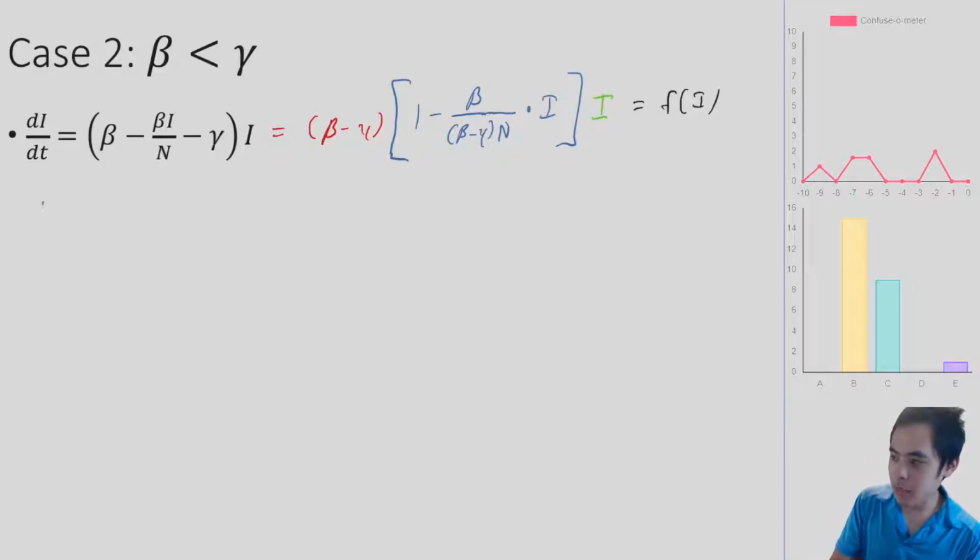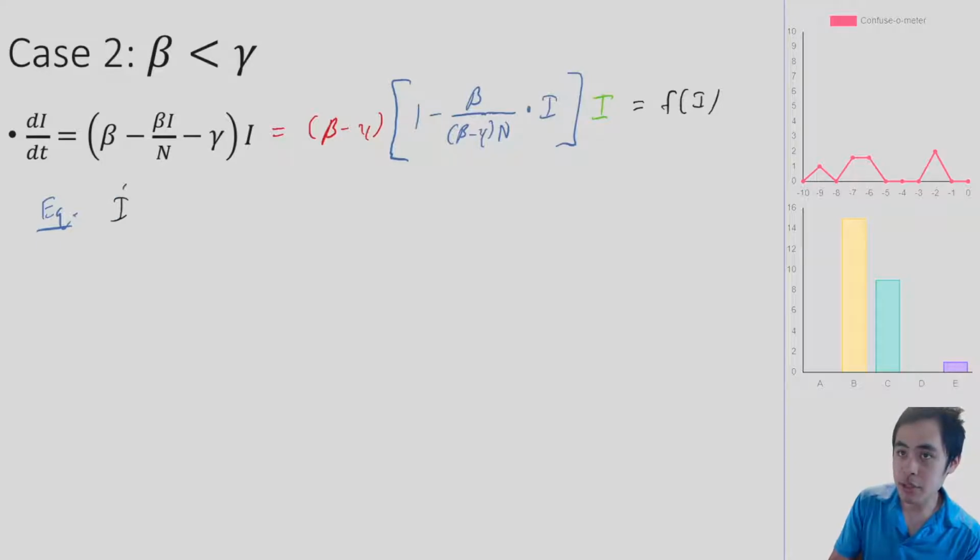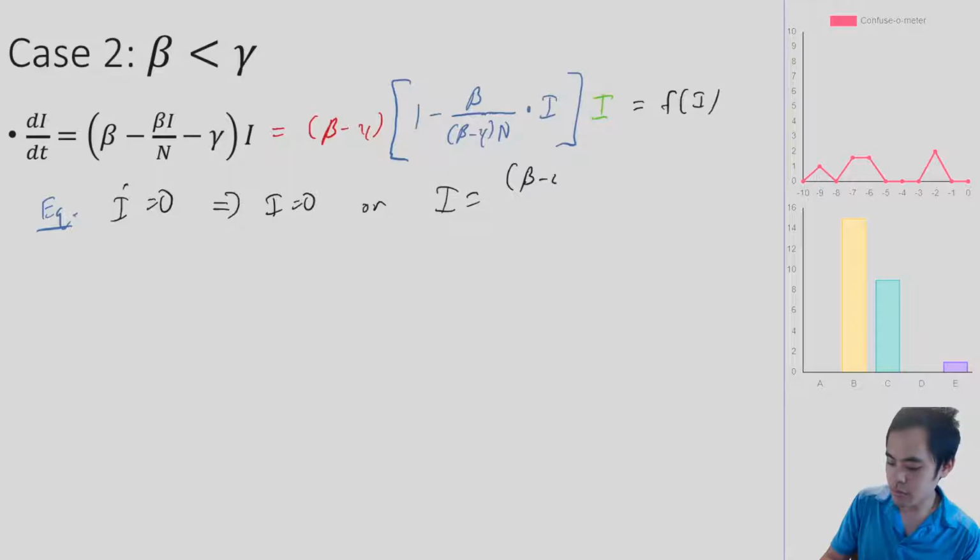When we find the equilibria, we get I dot equal to 0, which implies that I is equal to 0, or I is equal to beta minus gamma over beta times n, which in this case is less than 0.